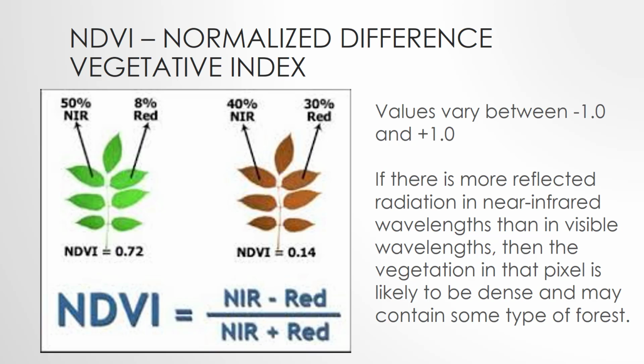It can be plants that have been impacted by viruses or pest invasions or things like that. And so you can see the relative percentages there of the near infrared and the red with the healthy green leaves, 50% near infrared, 8% red, and then with the unhealthy leaves, 40% near infrared and 30% red, and that's referring to the reflectance in those bands.